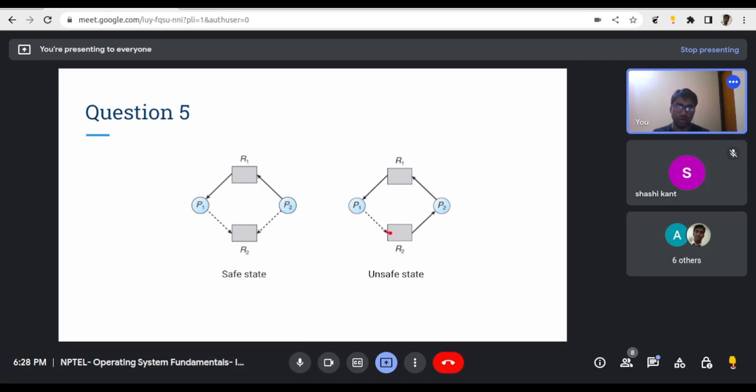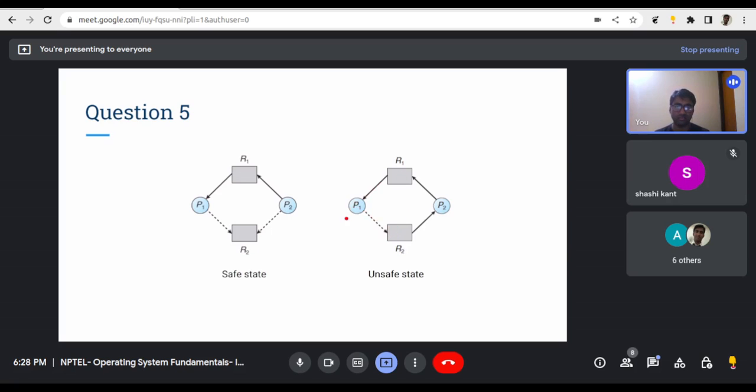But once P2 has made the request for R2 and R2 is already allocated, it goes to an unsafe state, because in future P1 can request R2, and if that situation arises, that leads to a deadlock.